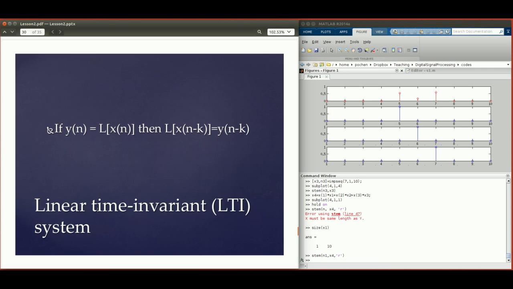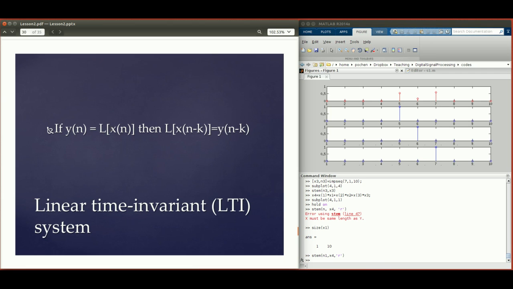If you put the same input signal into the same system tomorrow, you're going to get exactly the same output signal, except that the output has been delayed by one day, because you put the same input in one day later. That's what we call time invariant. The output of a shifted input is a shifted output.